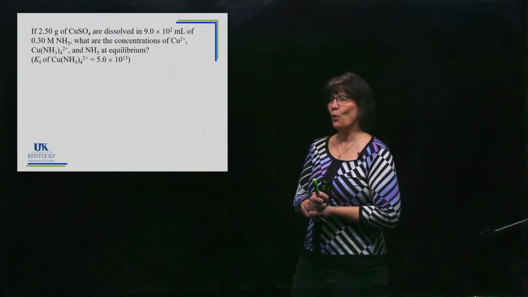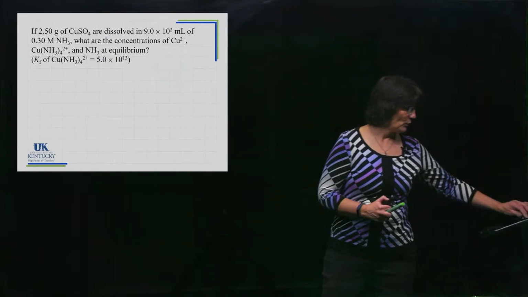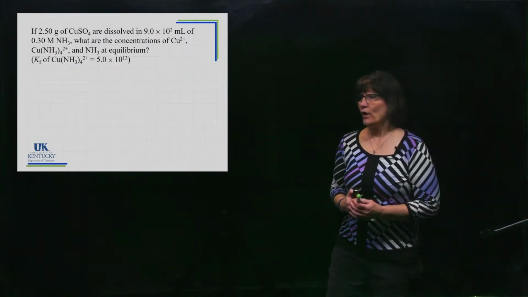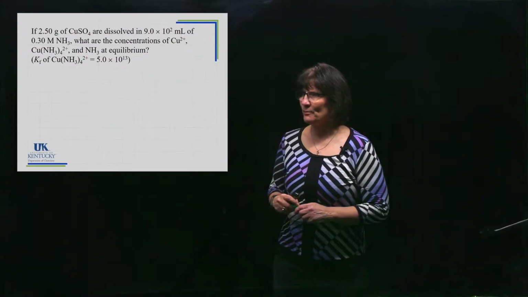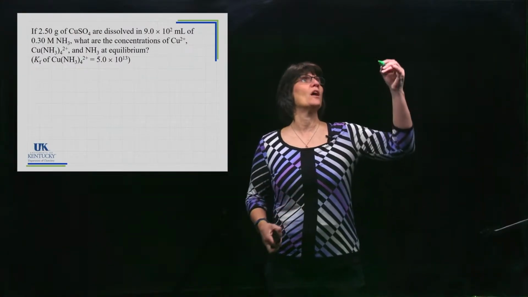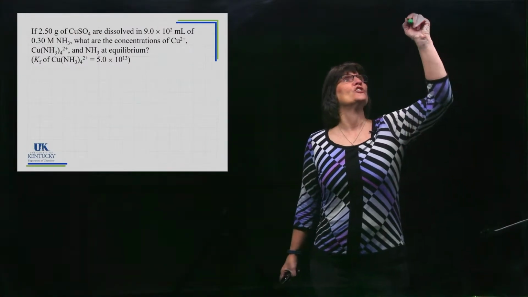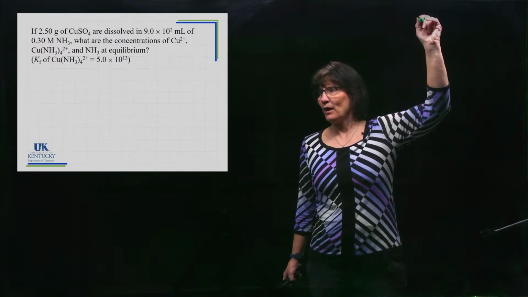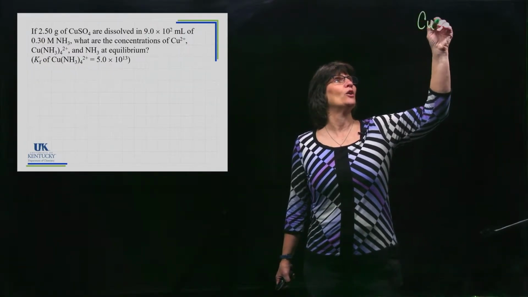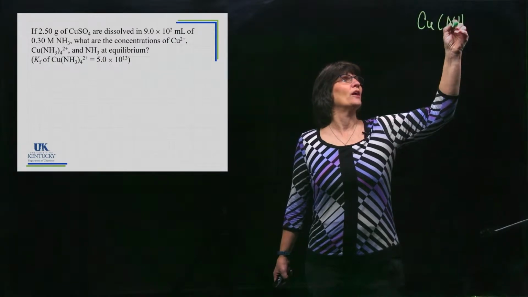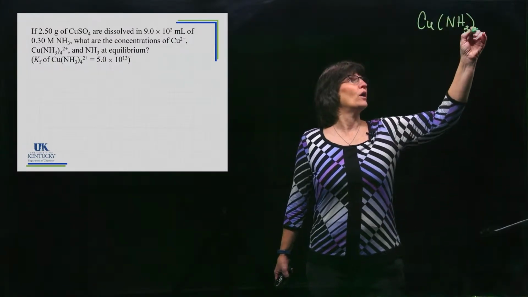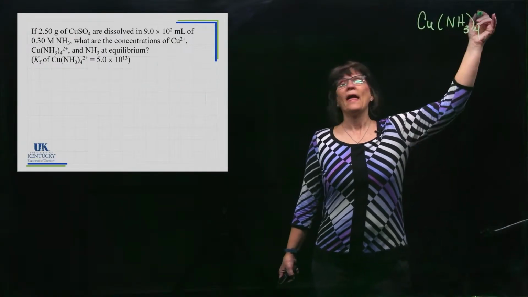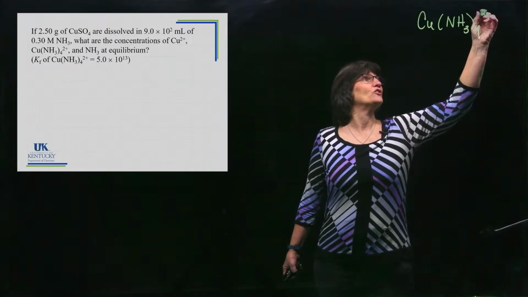And I'll talk you through why we're doing what we're doing as we work on this example. We are going to form a complex ion, and at the very bottom of this problem it tells you what the complex ion you're forming is. Since you're forming it, you have to be able to write your own reaction. You put it on the right hand side. There is a complex ion that contains 4 ammonia molecules, and overall it has a 2+ charge.